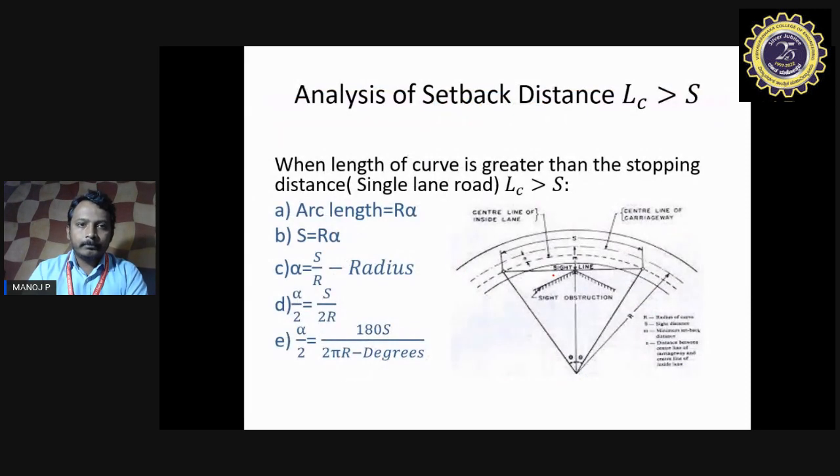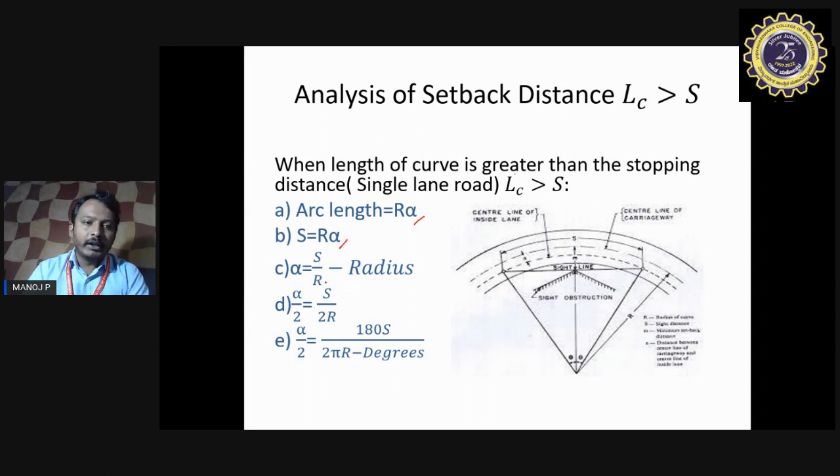How do you analyze the setback distance? Setback distance can be analyzed in two cases: when the length of the curve is greater than the stopping distance, and when the length of the curve is smaller than the stopping distance. Here R alpha represents the arc length. Sight distance S is equal to R alpha.